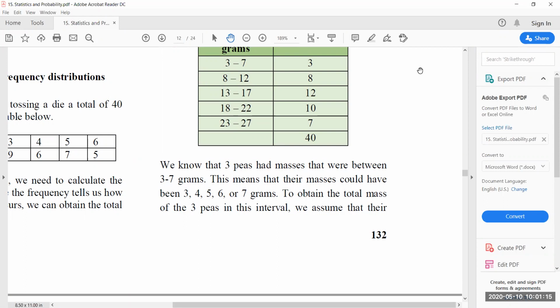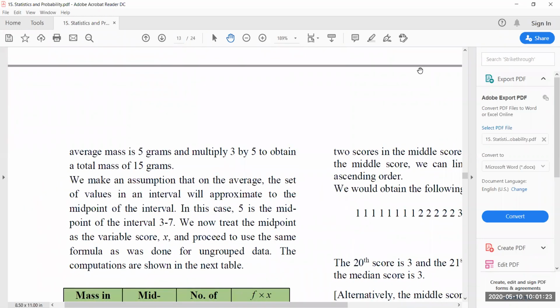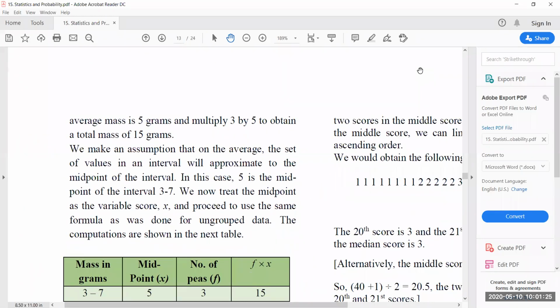To obtain the total mass of the 3 peas in this interval, assume that the average mass is 5 grams, and we multiply 3 by 5 to obtain a total mass of 15. Remember, it's the frequency, 3, by the midpoint, 5. You all following?